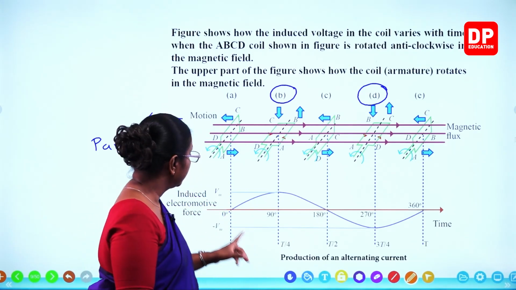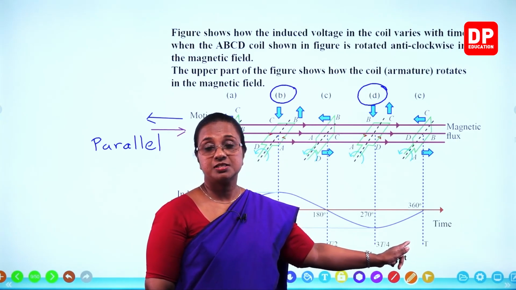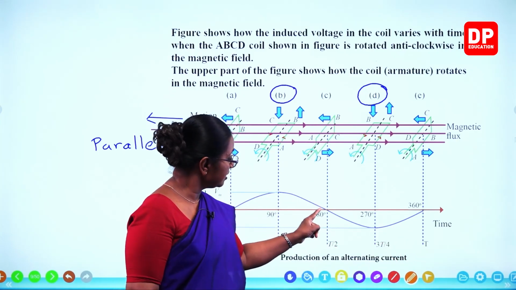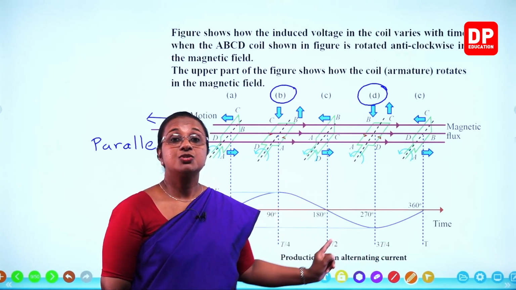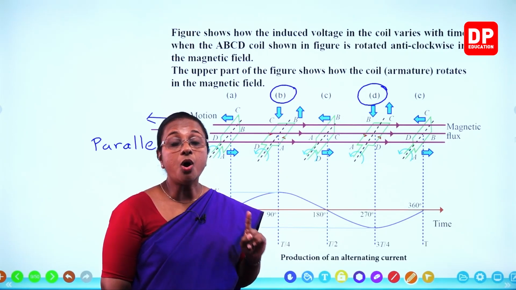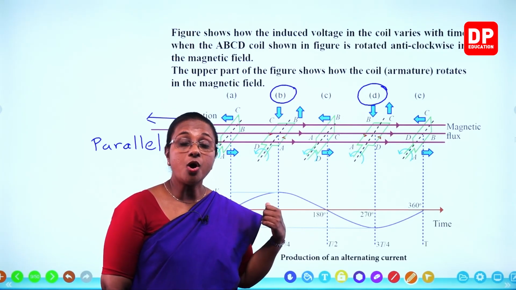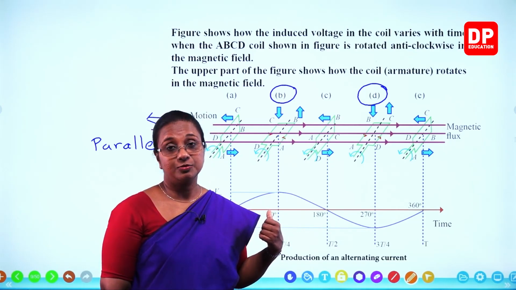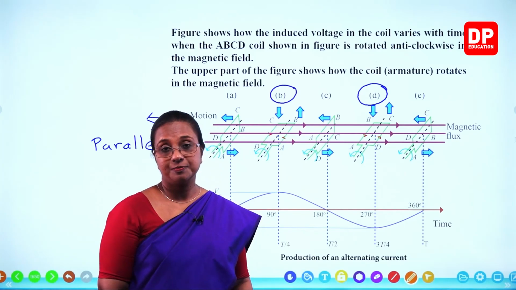And also the induced current, the direction changes. Initially this direction, positive current, then negative current. So what is this type of current? It is an alternating current. So initially also we said alternating current dynamo. The direction of the current changes with time.